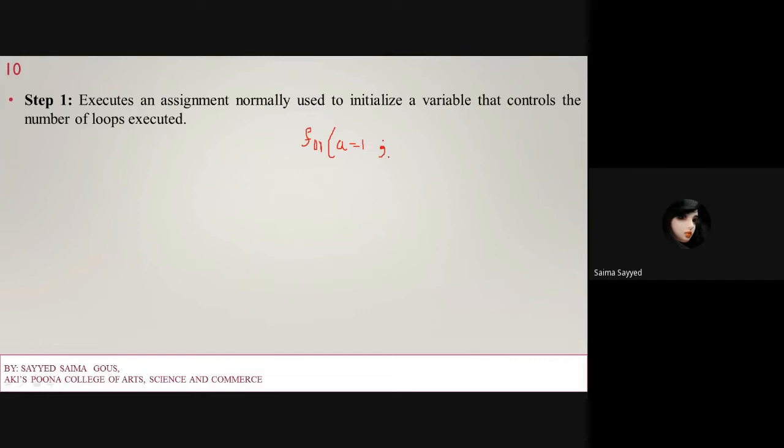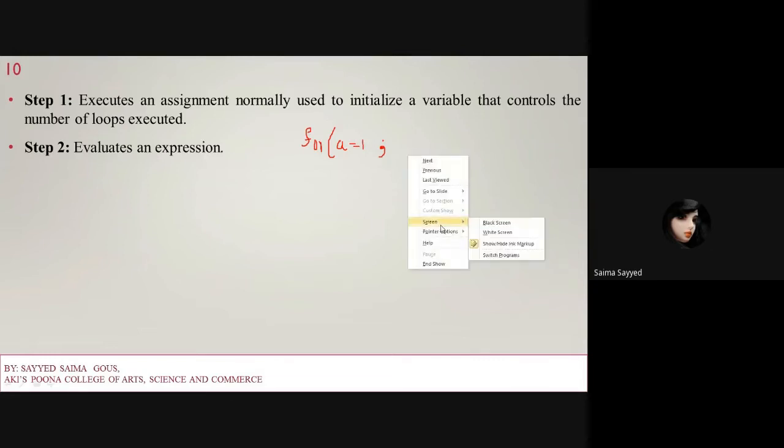Then semicolon, and in the next step we evaluate the expression, whatever the expression is, like a less than or equal to b, a greater than or equal to b, a equal to b, a not equal to b, whatever the expression is, that will be here. Suppose I write a greater than b, until a is greater than b.